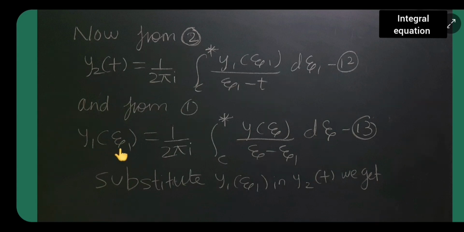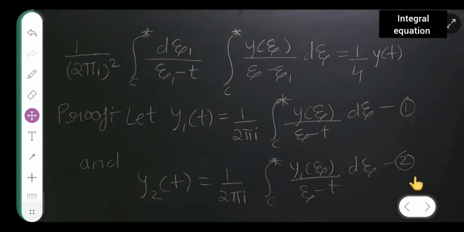Now from 1, what you all will get? From 1, wherever there is t, I have to replace it by xi1.